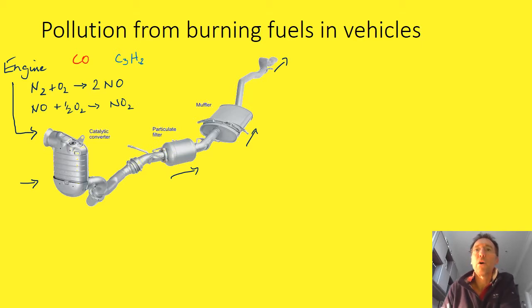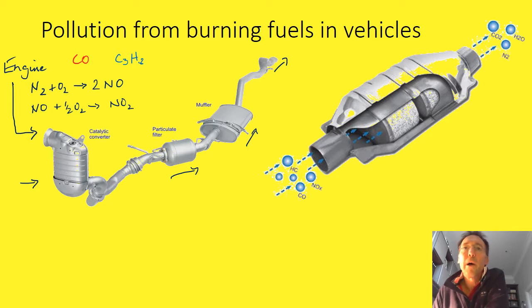So there are three types of pollutant that come straight out of the engine, and they're all nasty, so we want to do something to them before they get out of the exhaust and into our breathing air. So that's where the catalytic converter comes in.